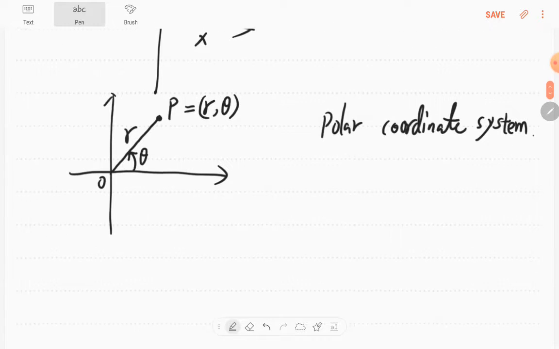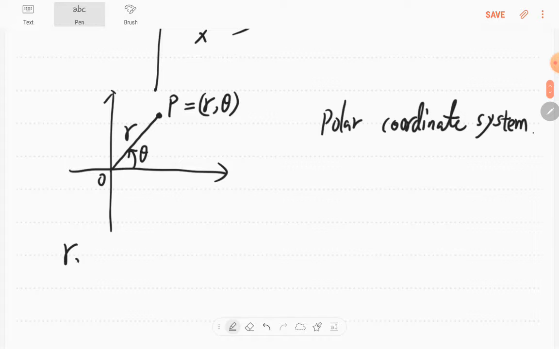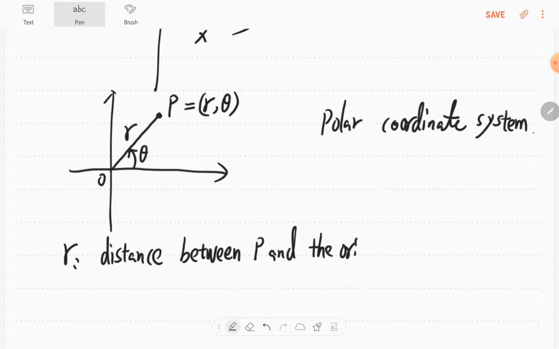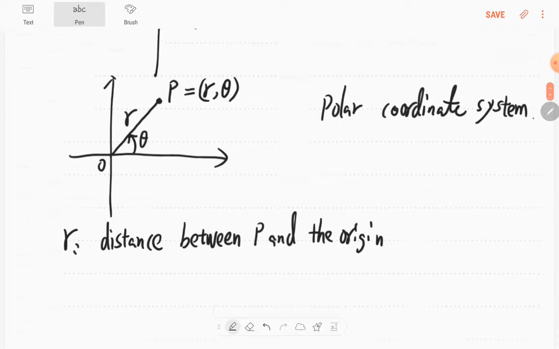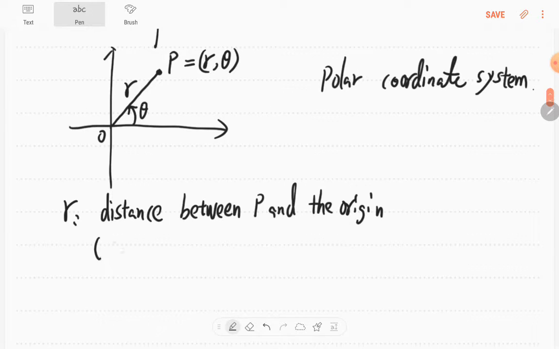So here r is the distance between P and the origin. This r is given a name, which is called the radial coordinate.